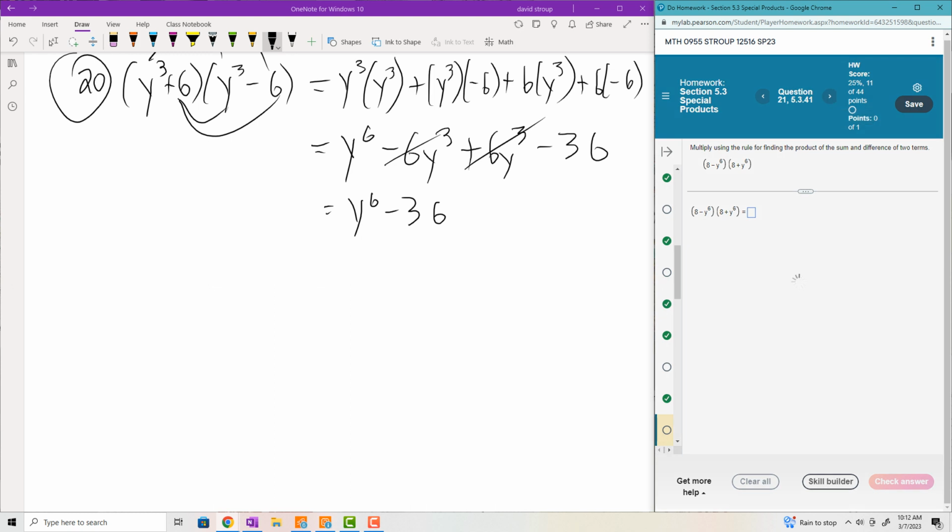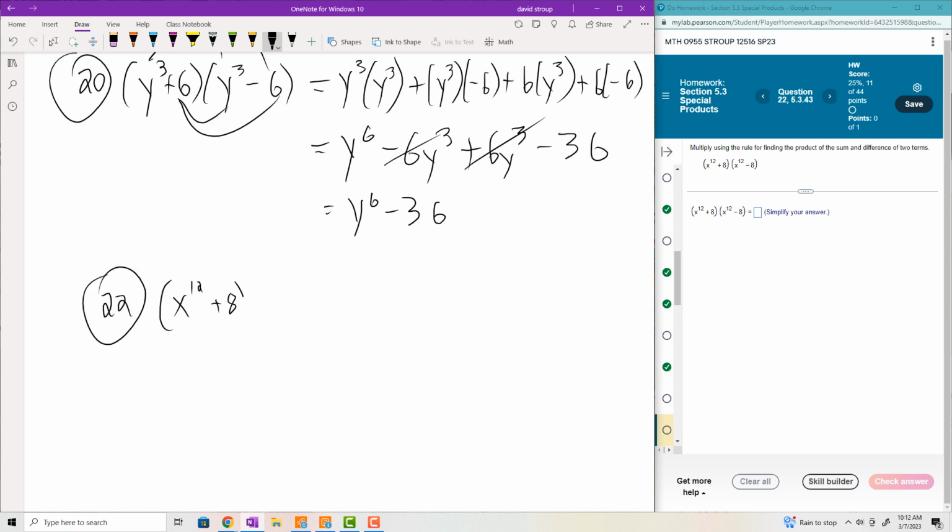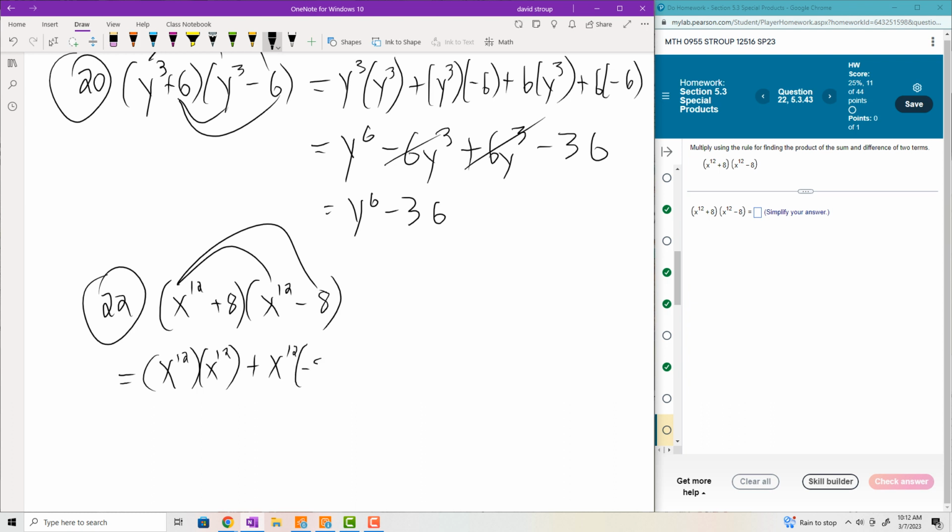Same deal here, with even higher exponents. I guess we could try 22. X to the 12th plus 8 times x to the 12th minus 8. So here, the first x to the 12th times x to the 12th, the outer plus x to the 12th times negative 8, the inner plus 8 times x to the 12th, then the last plus 8 times negative 8.